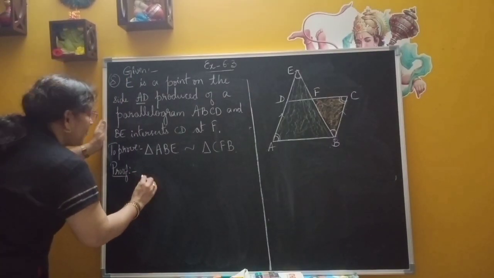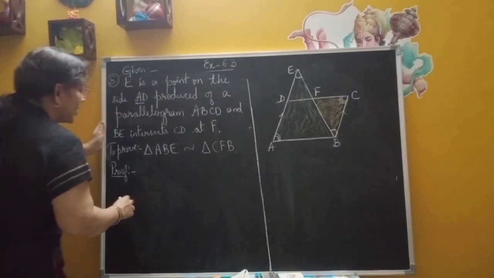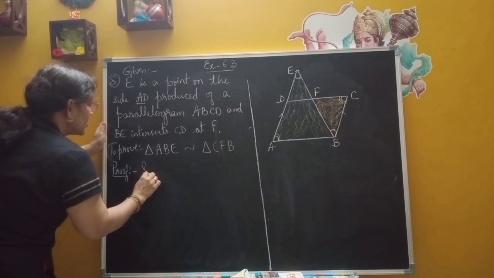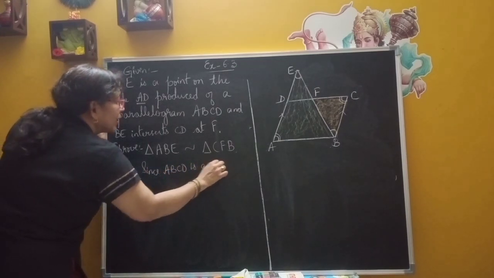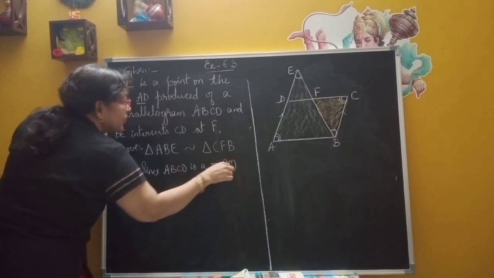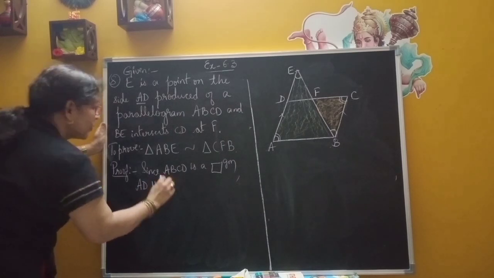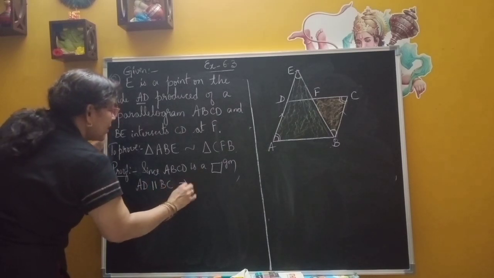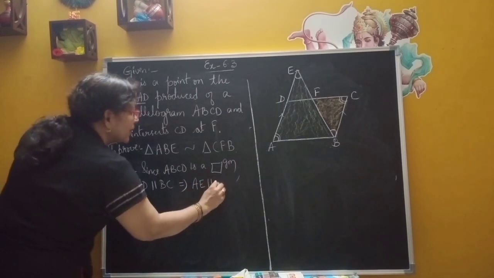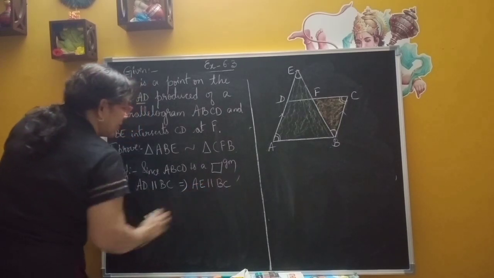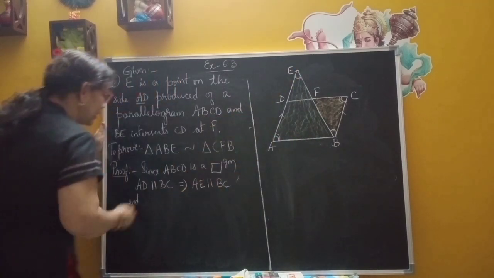First write, given that AD is parallel to BC, since ABCD is a parallelogram. This implies AE is also parallel to BC, and BE is the transversal.